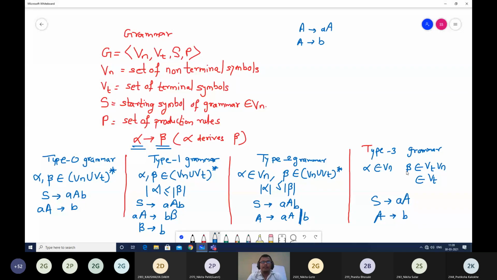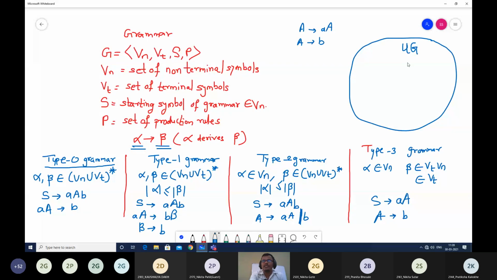Depending upon the values of alpha and beta, we have 4 types of grammar: type 0, type 1, type 2, and type 3. Type 0 grammar is also called unrestricted grammar, or the corresponding language is called unrestricted language.